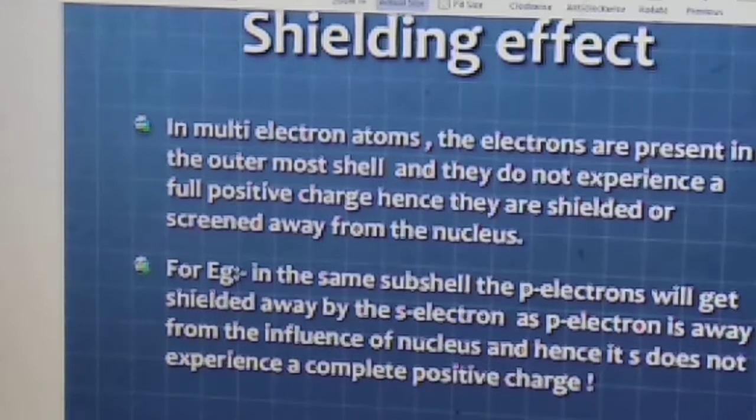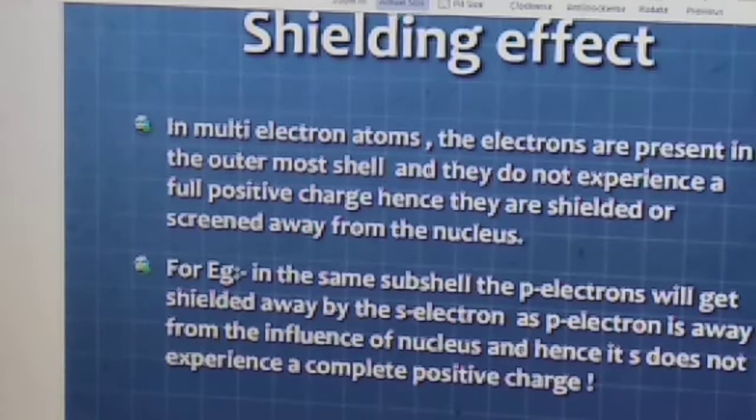Students, you know, in multi-electron atoms, the electrons present in the outermost shell don't experience the full positive charge. Hence, they are shielded or screened away from the nucleus.